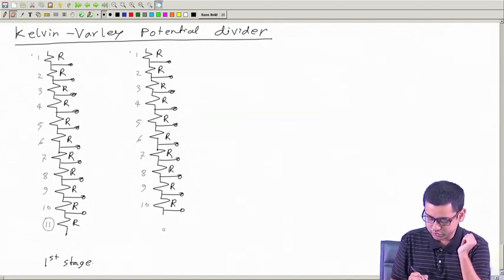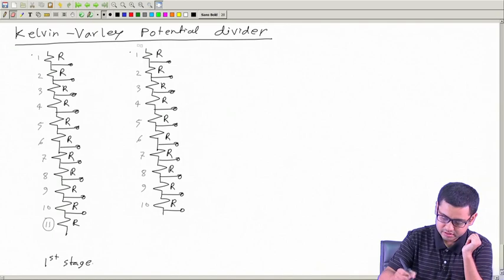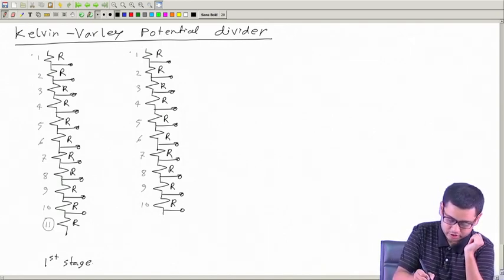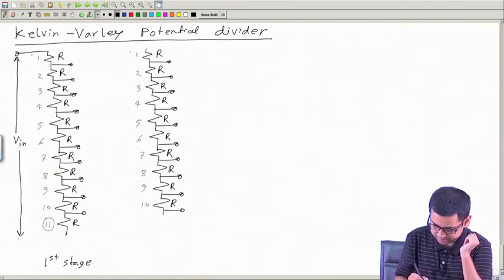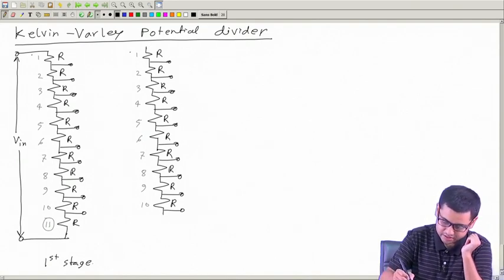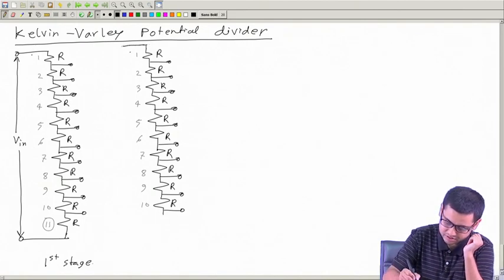Now, what I will do is, so you know the input will of course be at the first stage. So, this is the input V in, and here there will be a nice trick.